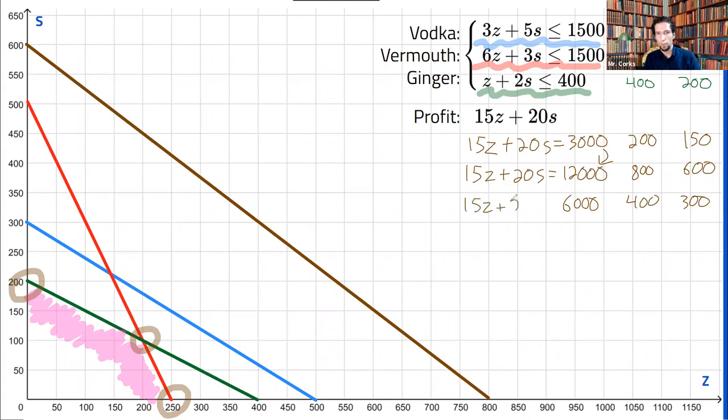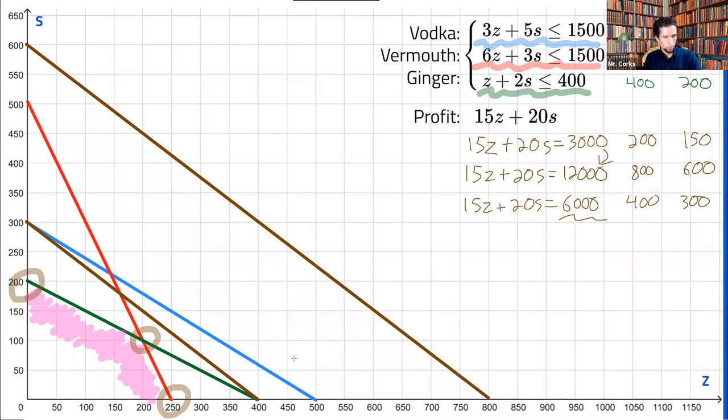Just write this out for thoroughness: 15z plus 20s equals 6,000. 3,000 too small, 12,000 too big. Maybe 6,000 is the perfect one. So 3 and 4. All right.